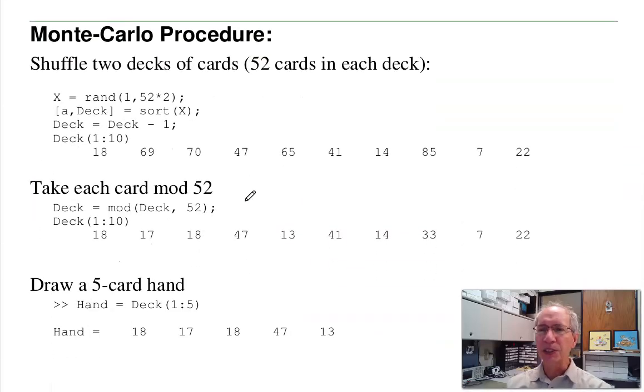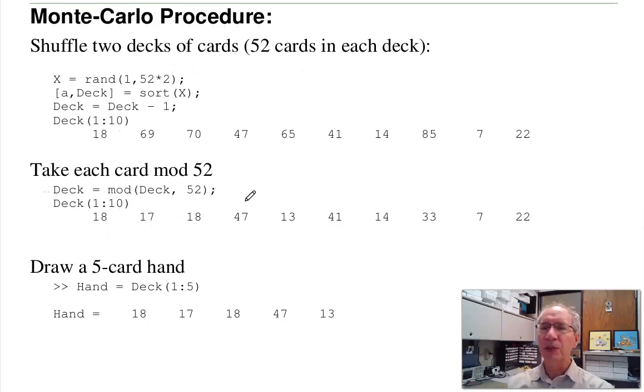So here's the procedure. I'm going to start with shuffling 2 decks of cards. So instead of shuffling 52 numbers, it's going to be 52 times 2. I will then sort. What I care about is the sort order. This is the numbers 1 to 104.